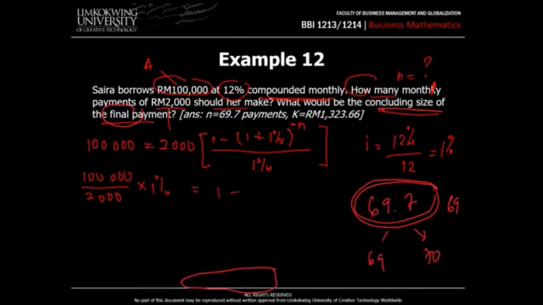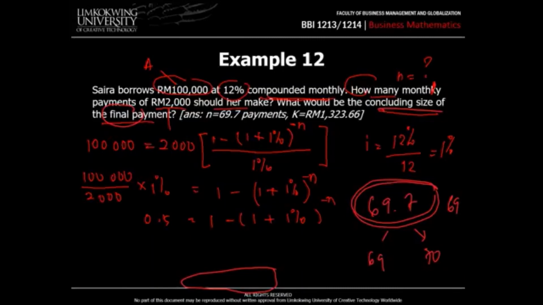Equal to 1 minus (1 plus 1%) to the index of negative N. What is the answer that we get here? 100 divided by 2, multiply by 1 divided by 100, it is 0.5. So 0.5 equal to 1 minus (1 plus 1%) to the index of negative n. So we want to remove the index of n.